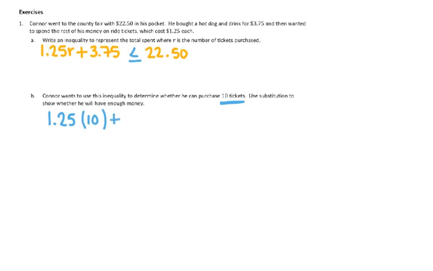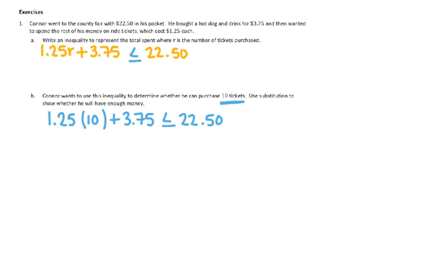We're still adding that $3.75 because he still bought that hot dog and the drink. And we're going to leave our inequality sign less than or equal to $22.50, because if this added up is greater than $22.50, then obviously he can't buy 10 tickets. So we need to solve this inequality and see if he can purchase 10 tickets or not.